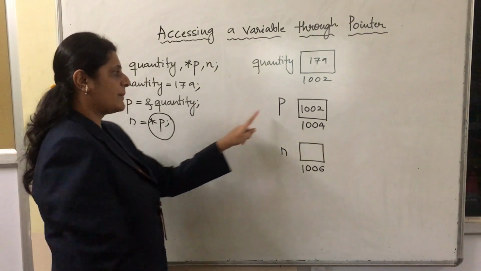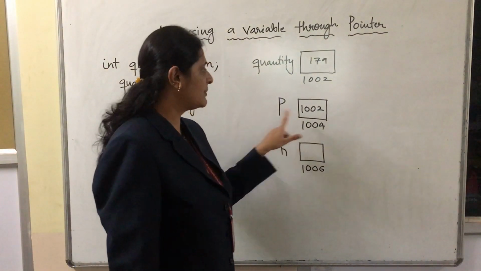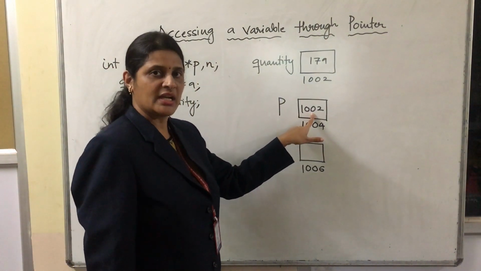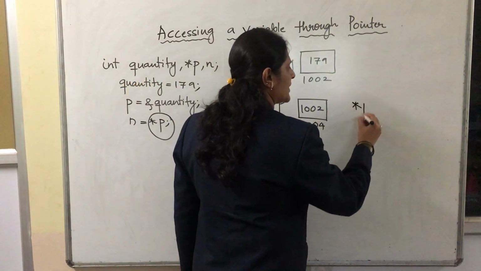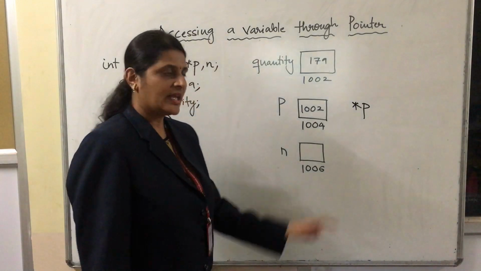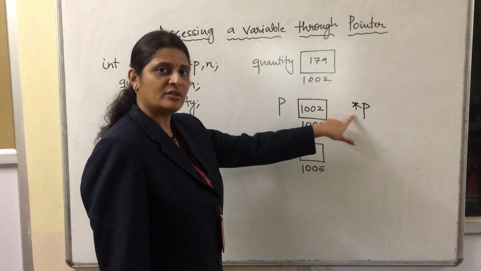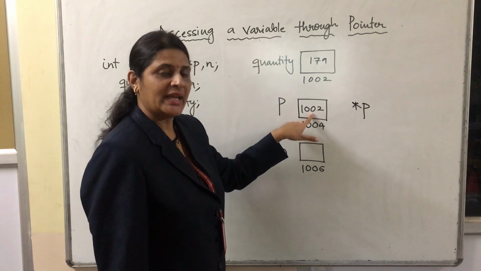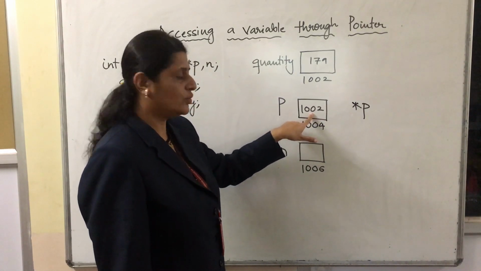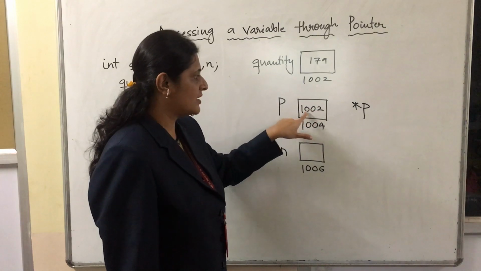Whenever you say p, the value of p will be 1002, which is the address of quantity, and whenever you say star p or asterisk p, then you are going to point to the value at this particular address. So we are indirectly accessing the value at this particular address. What is this address?